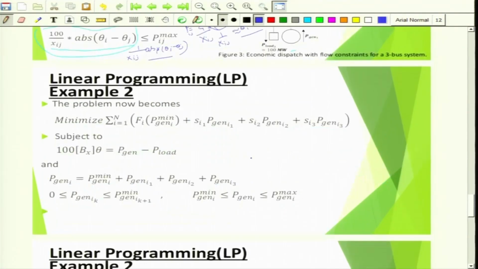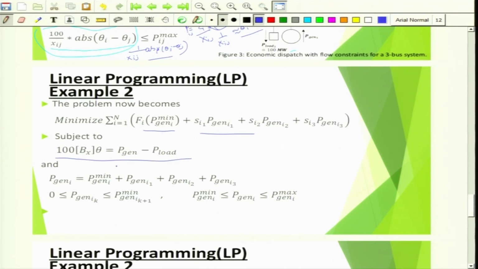threshold. Now the problem becomes minimizing the cost of all the generators, which includes the fuel cost at the minimum generation plus the fuel cost at different segments, subject to this constraint.